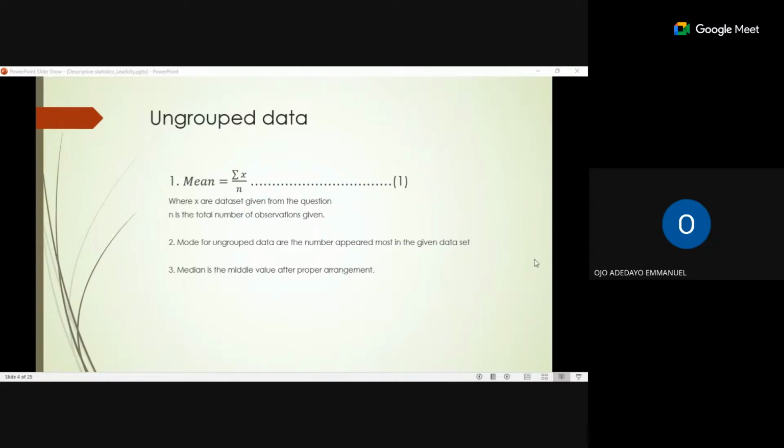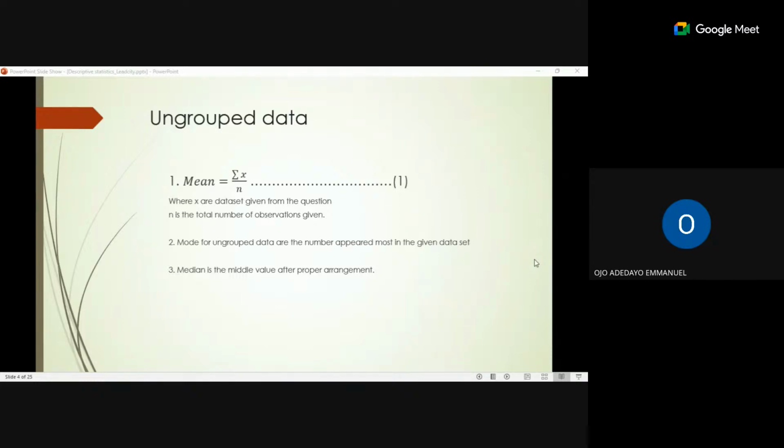At the end of the class, let's say 40 students attended. If I add your ages one by one together, the age of the first person, plus the second, plus the third, up to the last person, and divide by the number of observations, I have the mean for ungrouped data. Your data as you entered is not grouped. I did not group that data, so I just have it raw.